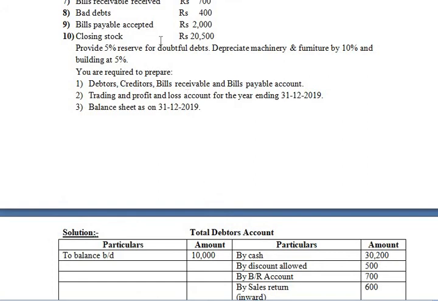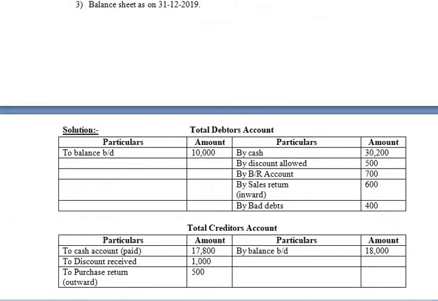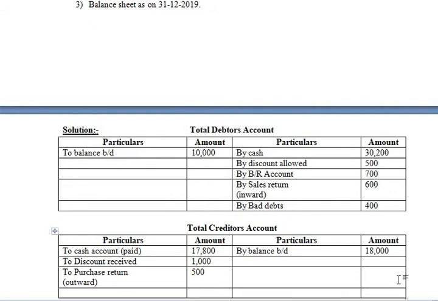bills payable accepted. Same way as bills receivable received. What will be the entry for bills payable accepted? Creditors account debit to bills payable account.